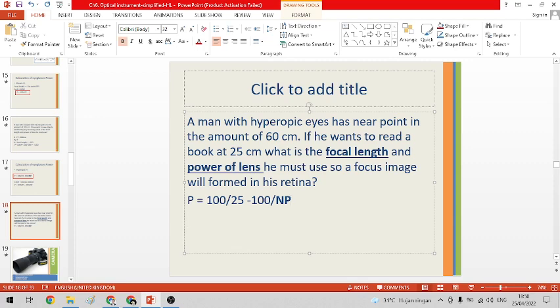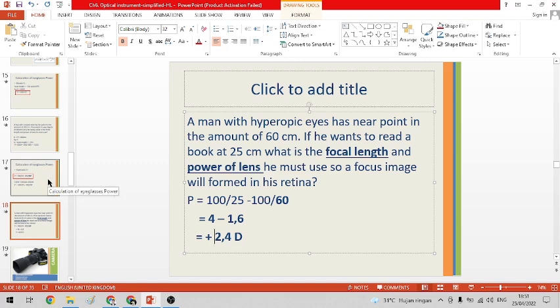So we get 100 divided by 25, 4. And the near point is 60 from the question, 60 centimeter. So it will be 1.6, right? So we get 2.4. Yeah, positive 2.4. So this man with hyperopic eyes needs to use eyeglasses plus 2.4 dioptry.